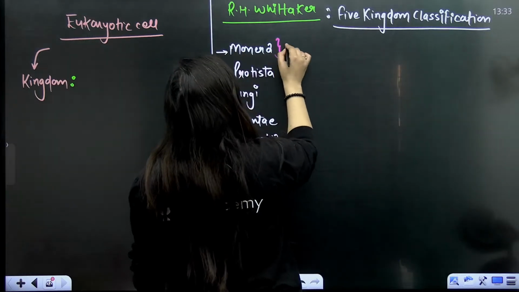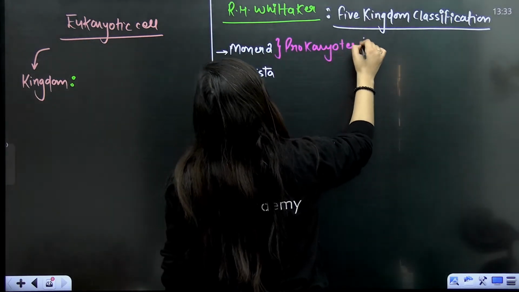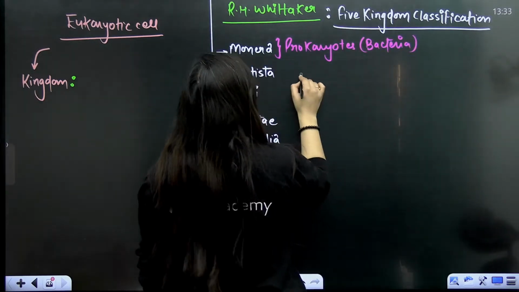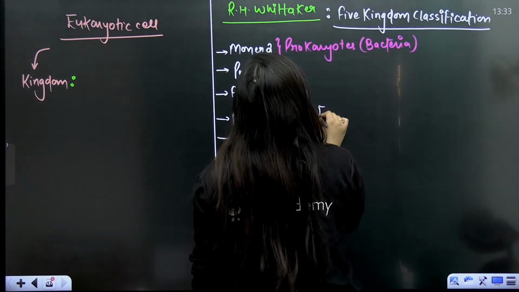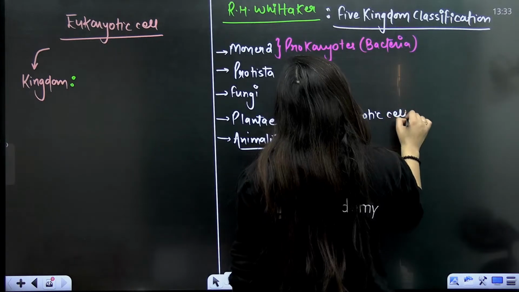So it is the kingdom Monera where we will just study the prokaryotes, the bacteria, right, students? And in the other 4 kingdoms, you will talk about the eukaryotic cell having the true nucleus.